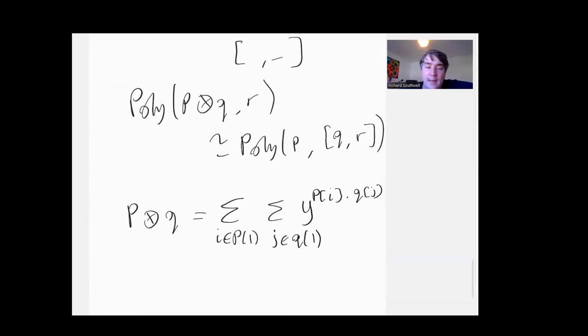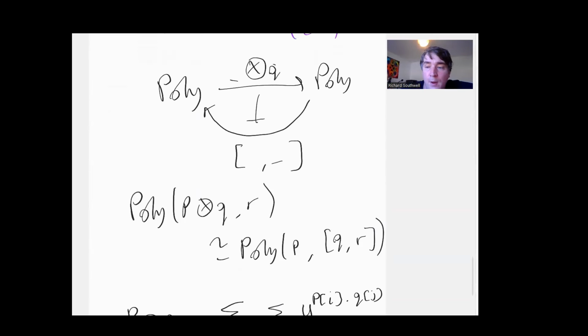And it turns out that this gives us a closed monoidal structure. So to say it in a fancy way, this is going to be a right adjoint to this, or we have this kind of currying style natural isomorphism.